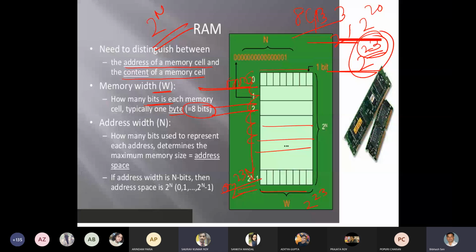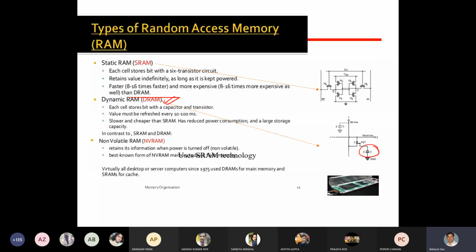Is the sound okay or not? Now it's okay, sir. I don't know what is happening, suddenly the network falls. Network fluctuation.